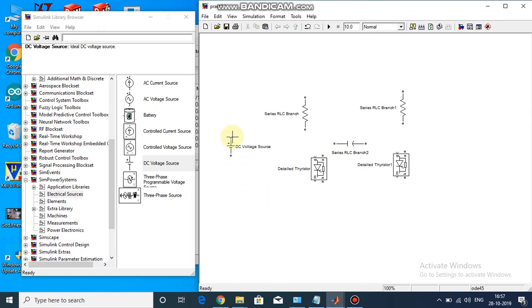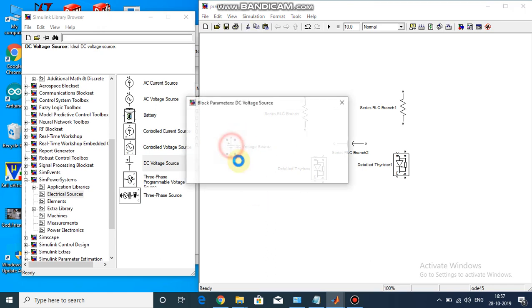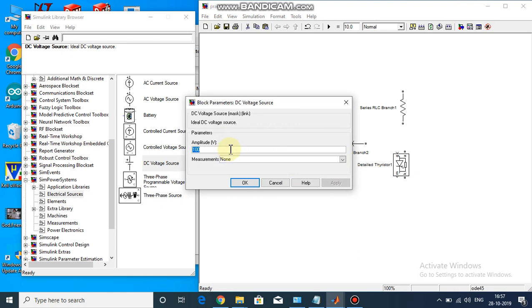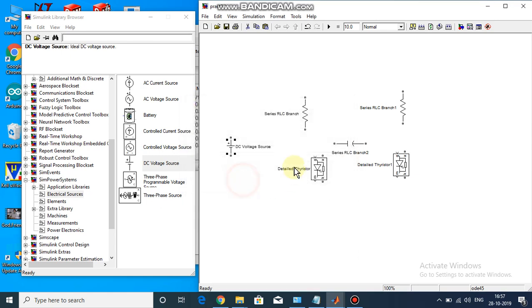This is the DC voltage source. And we'll take it as around 100 or 120 volts as you wish. And remember here in Class C commutation circuit we have a DC voltage source, not an AC voltage source. And we'll just go on making the connections.